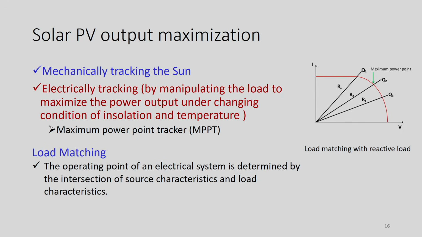Or in the second case, we can do it electrically, that is called electrical tracking, by manipulating the load to maximize the power output under changing conditions of insolation and temperature. Also, we learn what a maximum power point tracker is, and how we can do this load matching.